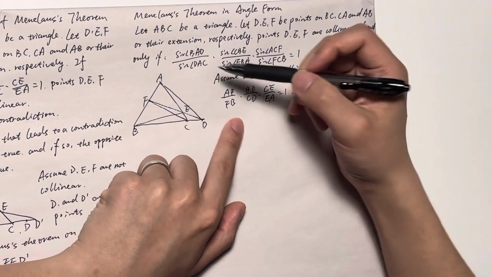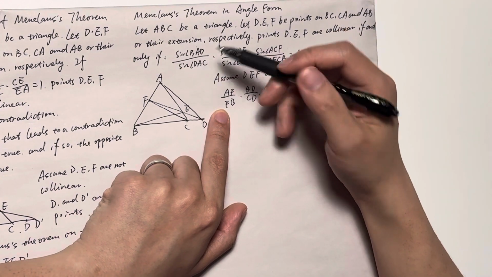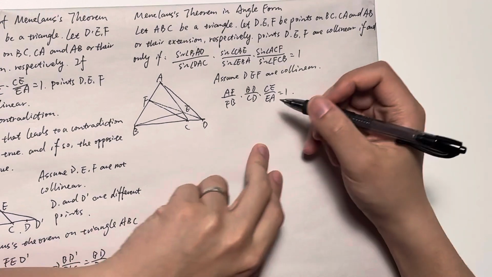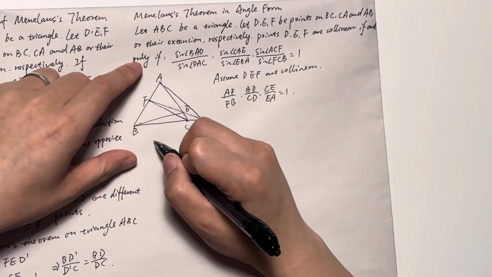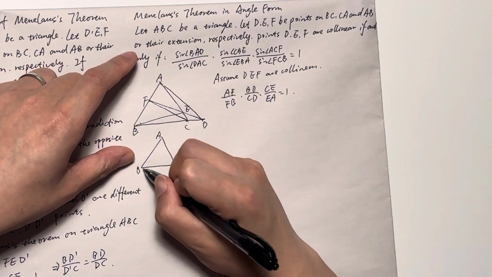So the sine angles in a triangle, how can we get a sine angle? When we calculate the area of a triangle, we use a sine angle, right? Let's say we have a triangle ABC.